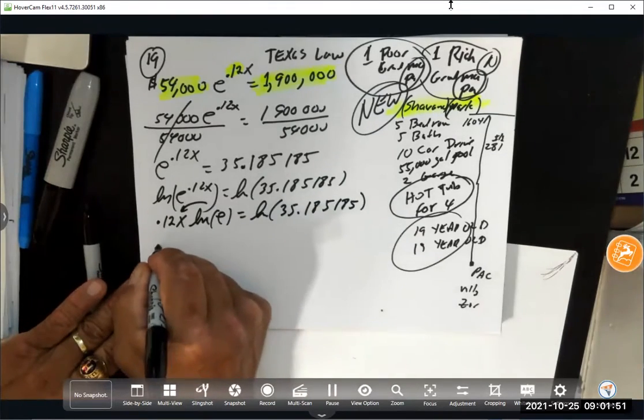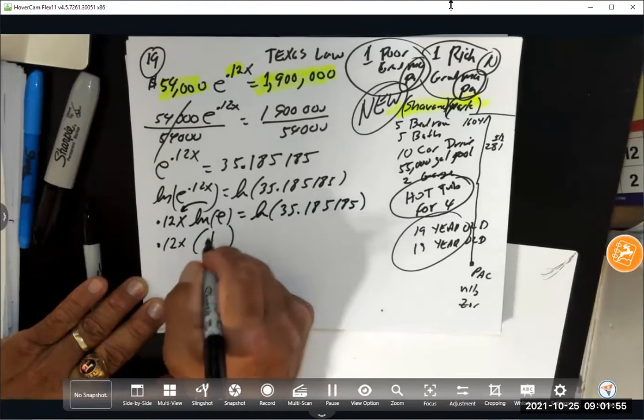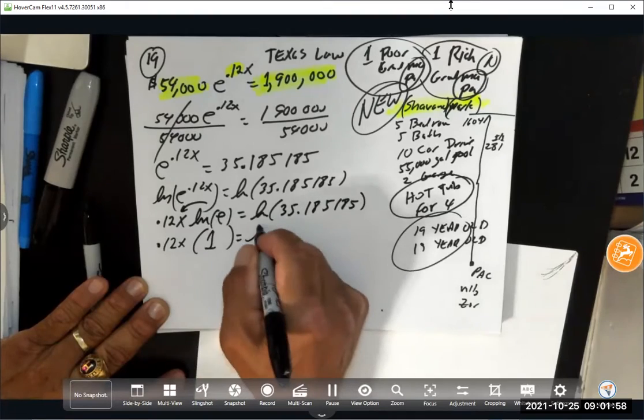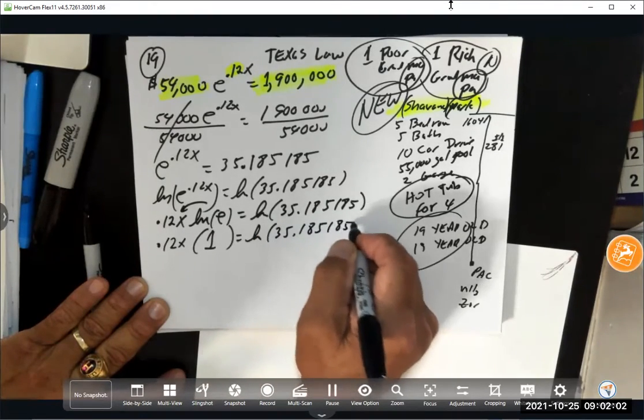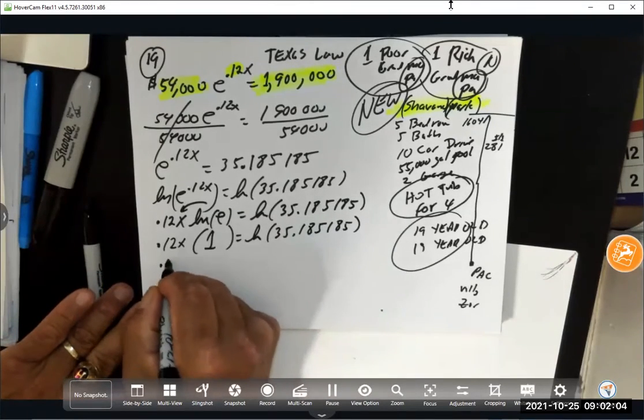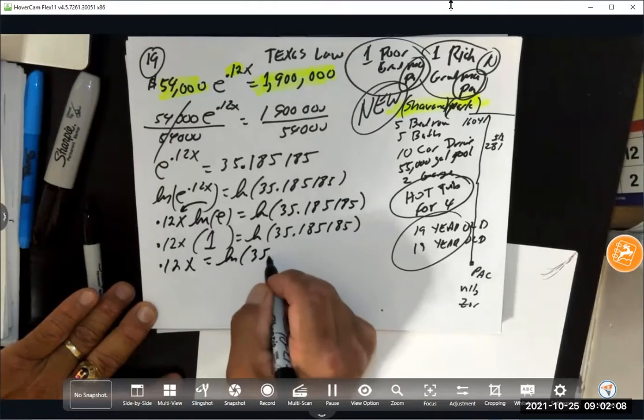So now 0.12x, and I know that ln b always is a 1, so I'm going to replace the 1 right there.